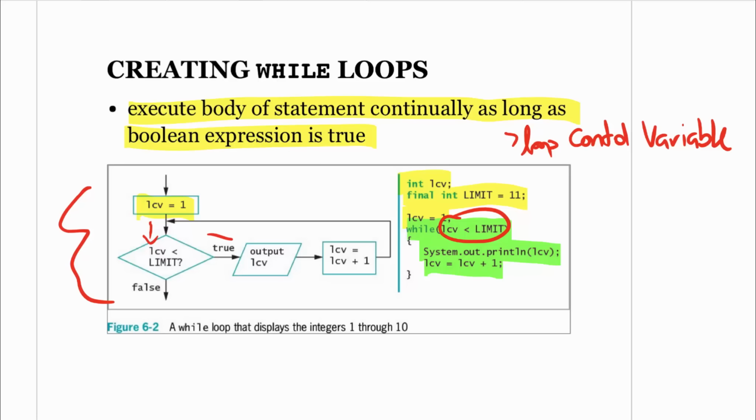And obviously, that checks out to be true, so you keep going, and then you output the loop control variable, you add 1 to the loop control variable, and then it sends it back here, and the loop control variable is now 2, and then it keeps doing that entire process until this test condition checks out to be false, and as soon as it's false, you can exit the loop body. So in really general, broad terms, this is the structure behind writing a while loop.